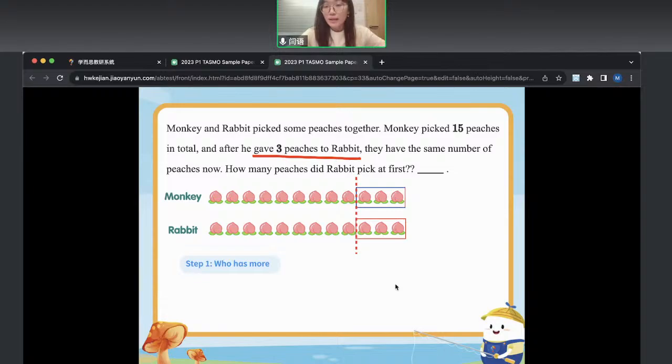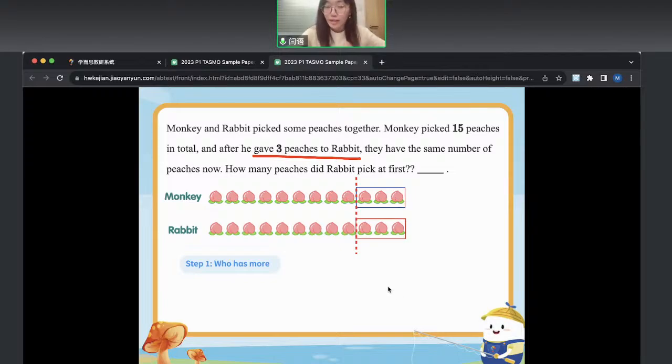But here also I want to mention the steps. How do we solve such a question? Because usually during a test, you cannot really draw 15 peaches, right? So here you see, the first step is you need to be clear about who has more. Since in this question monkey gives 3 peaches to rabbit, we can get that monkey has more.